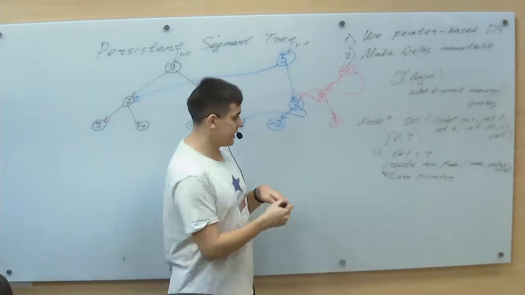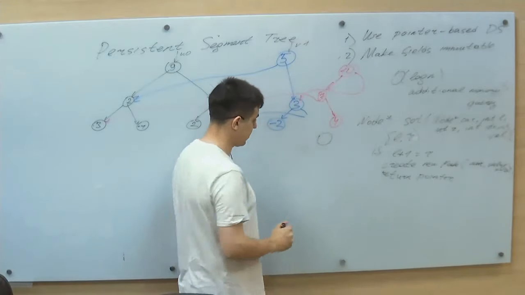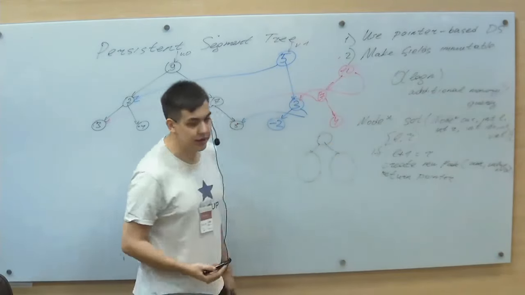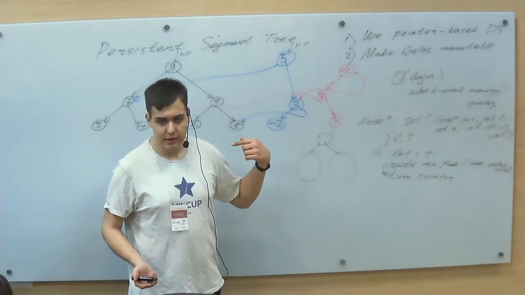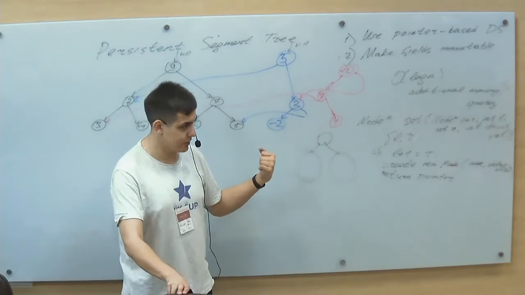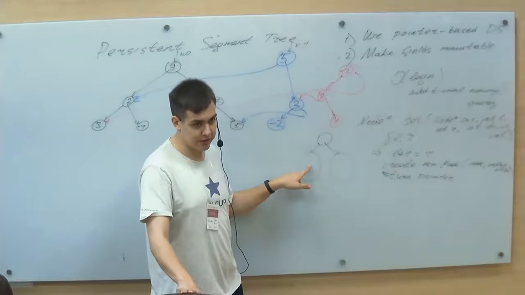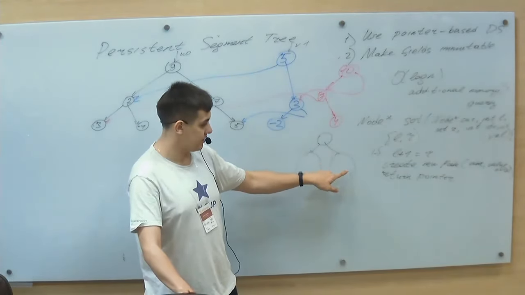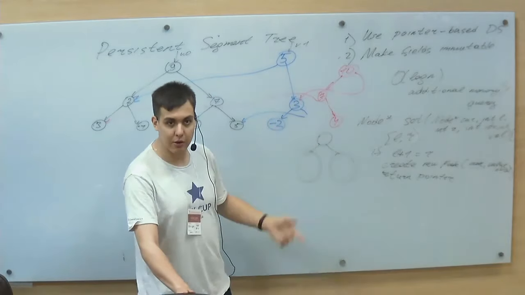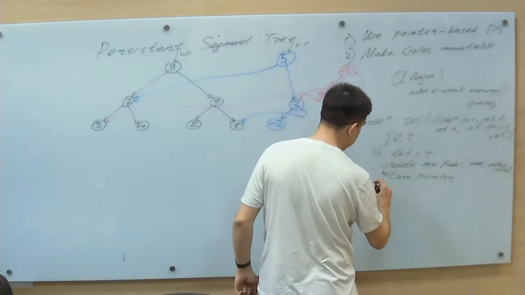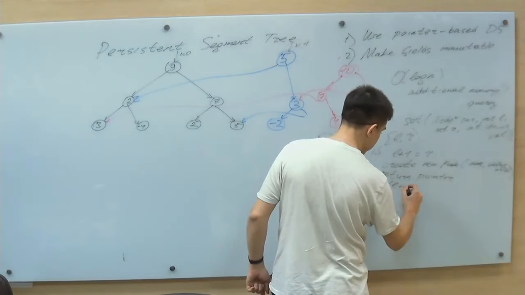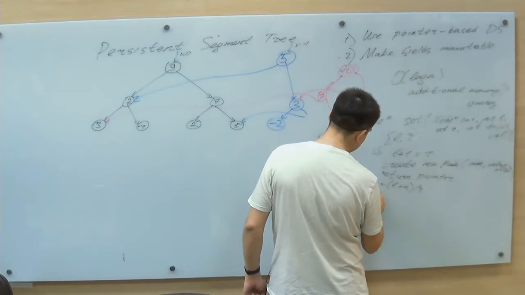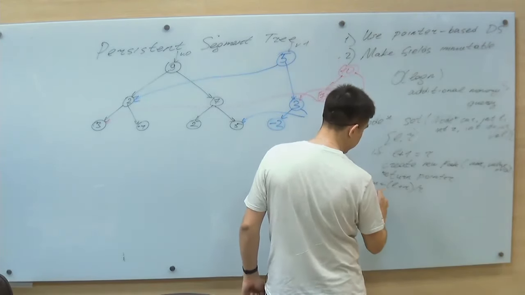So, what if we are at some branch? We have the left subtree, now we have the right subtree. First we figure out where we go, then we create a copy of the current node with the new left child or the new right child, and then return the copy of that node. So we calculate the middle value and figure out where we go.